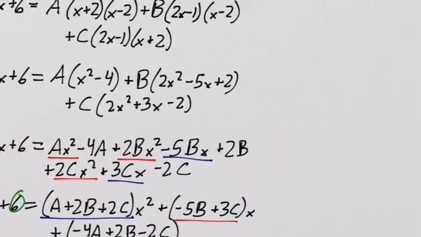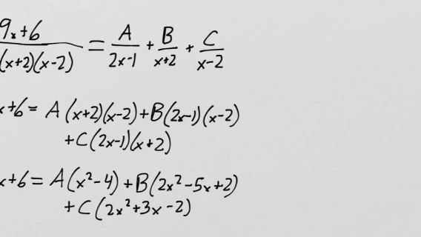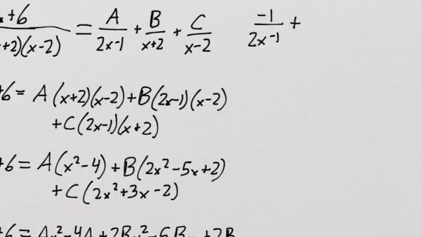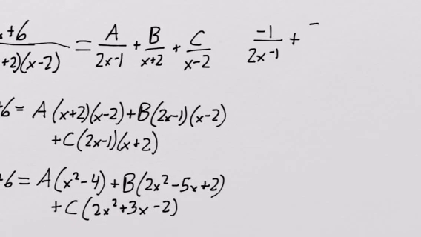Which means if I come up here to where we started, A is negative 1. So I get negative 1 over 2x minus 1 plus B was 3. So 3 over x plus 2.